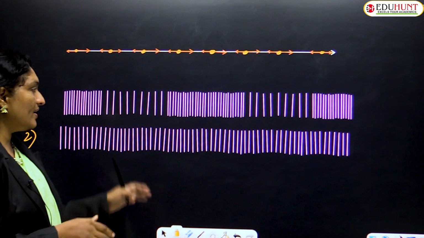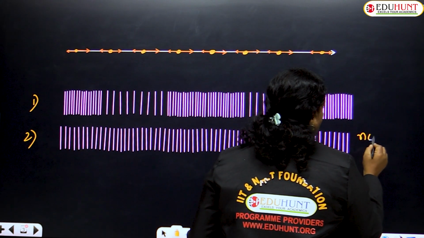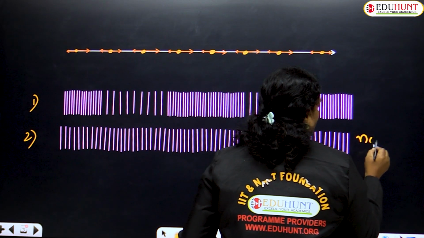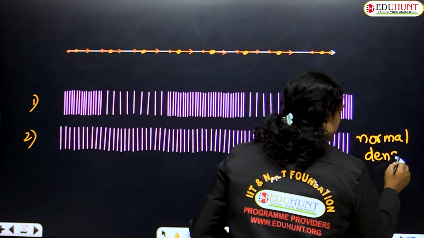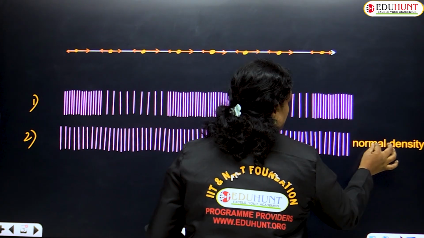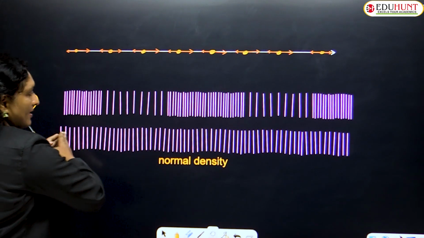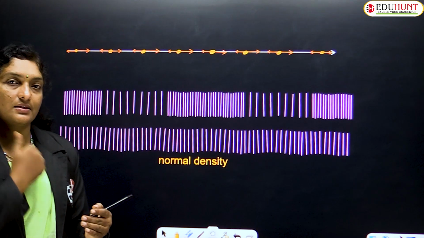So the second figure indicates the normal density of the particles. What do you mean by normal density? So this is your normal density, in which each and every particle is equidistant from each other.